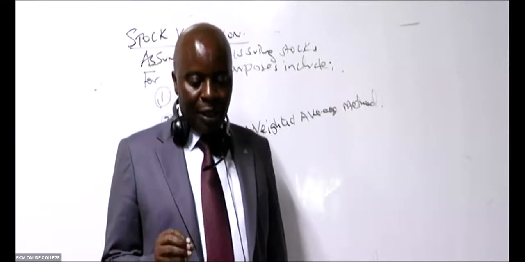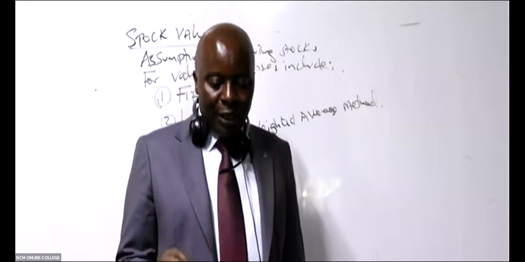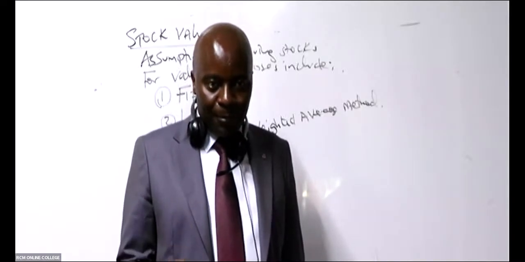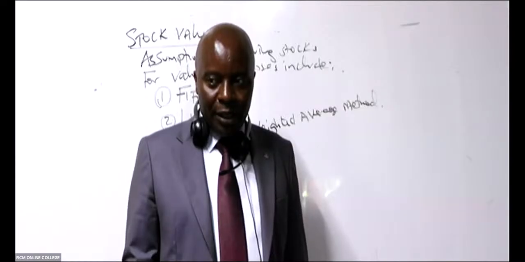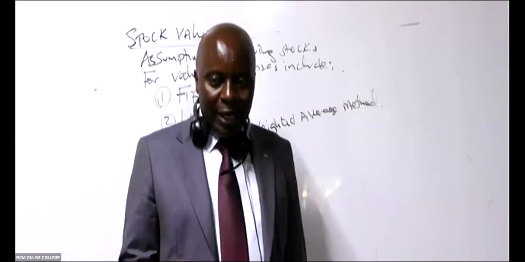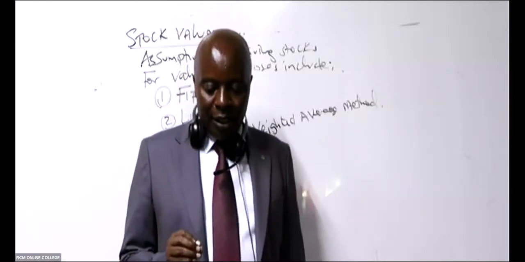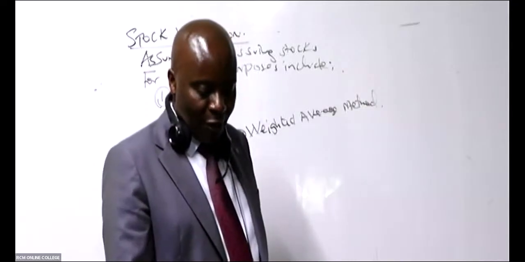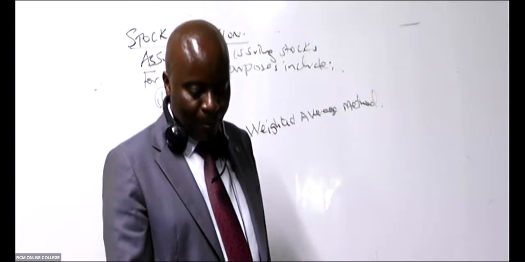I'll repeat: this method assumes that materials are issued out of inventory in the same order in which they were delivered into inventory, i.e., we issue out the oldest inventory first. Is that okay?